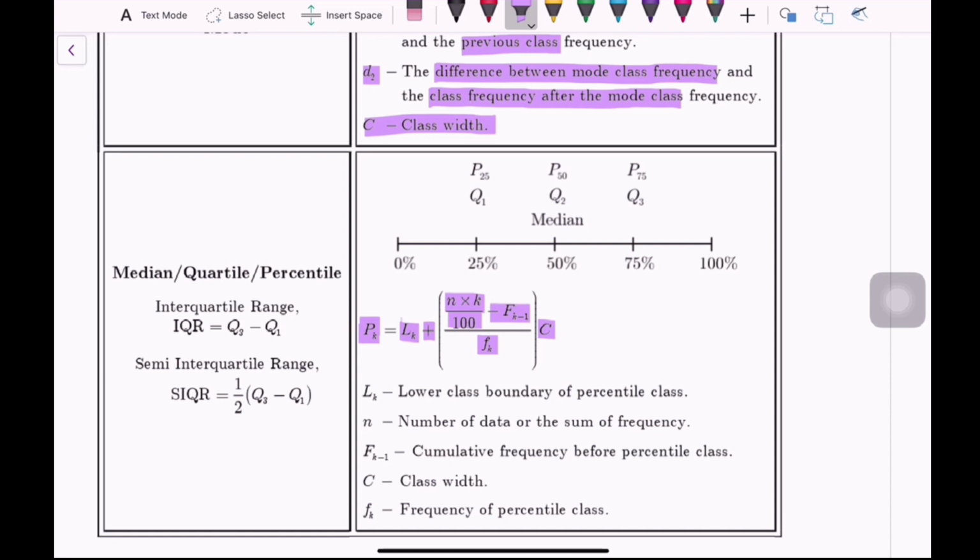The formula is Lk plus in bracket of n times k over 100 minus Fk minus 1, over fk, times c, where Lk is lower boundary of the percentile class, n is a number of the data, Fk minus 1 is cumulative frequency before the percentile class, c is a class width, and fk is a frequency of the percentile class.